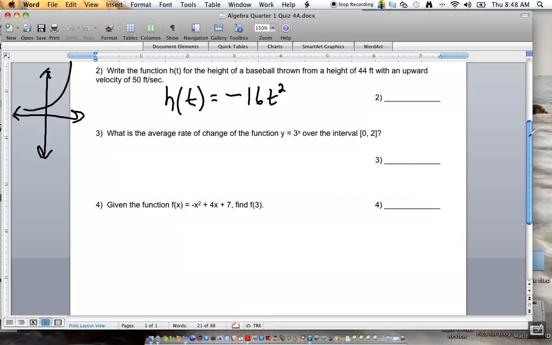Now, I want to discuss why the negative's there, because some people leave off the negative. When I take this ball, now remember what I said gravity is? Gravity is a mutually attractive force between any 2 objects in the face of the earth. Now, usually that force is not very large.